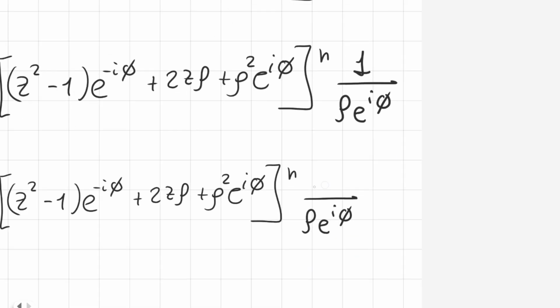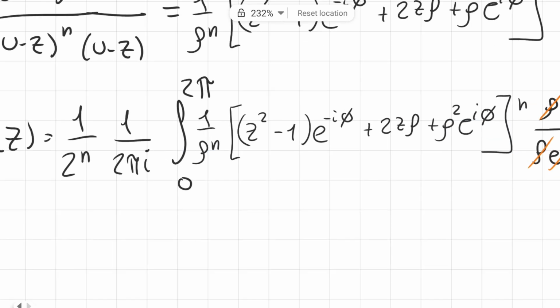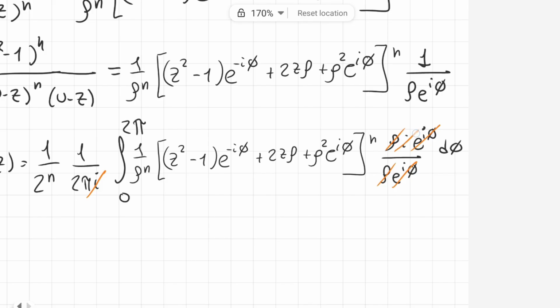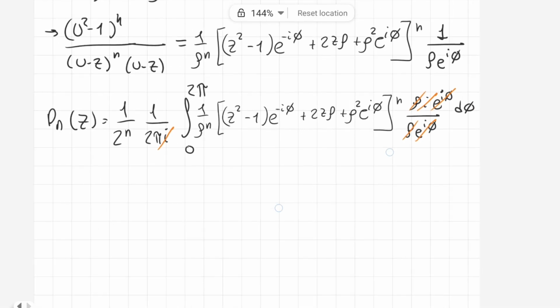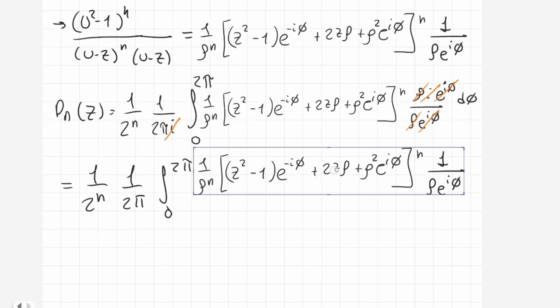So we write here rho i e to the i phi d phi. And then we see that this rho cancels with this rho, and we have an i here that can cancel with this. So what are we going to get at the end? Well, this will be 1 divided by 2 to the n, 1 divided by 2 pi, the integral from 0 to 2 pi of this.